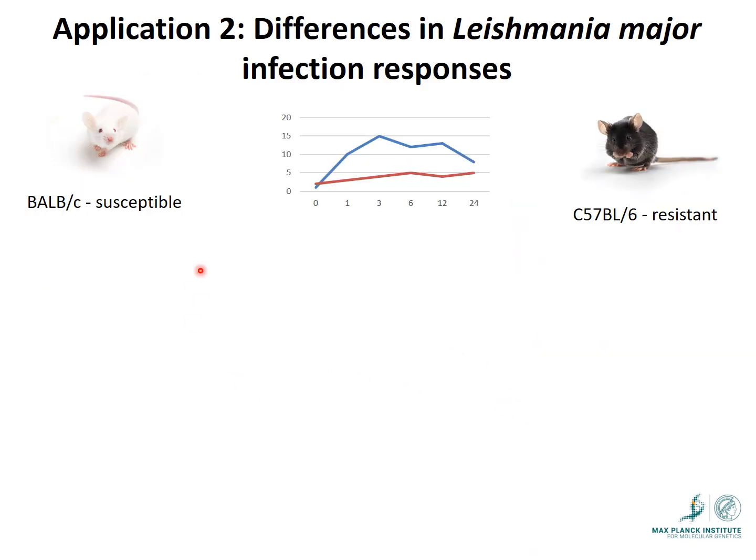In another project, we looked for differences in pathogen infection responses in resistant and susceptible mouse strains. In this case, with the pathogen Leishmania major, which is a disease which is common in the Mediterranean area.